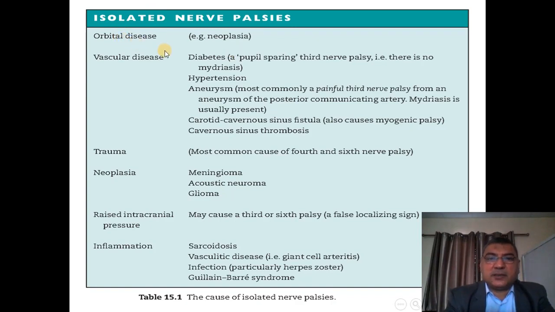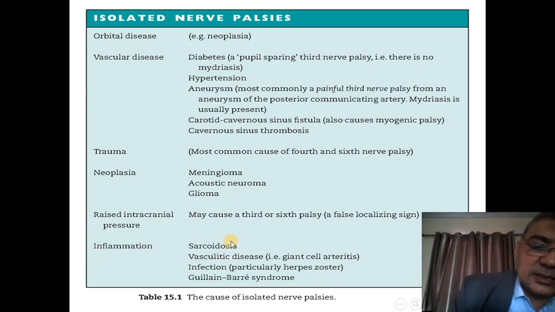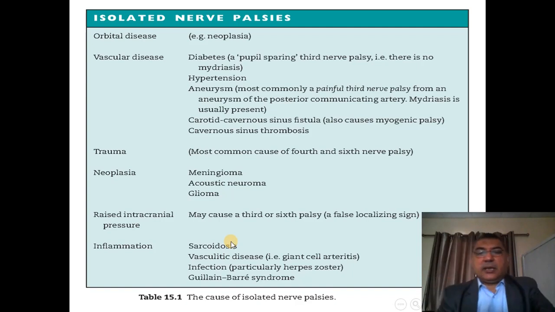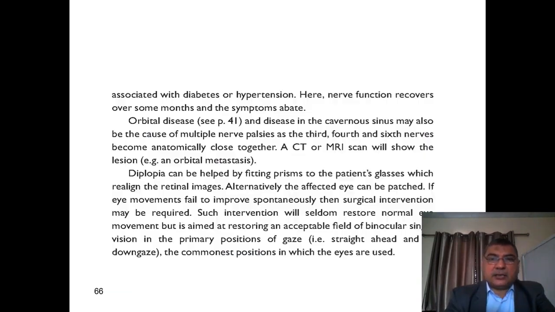The orbital causes, neoplasia, vascular causes, diabetes, the most famous, hypertension, aneurysm, carotid cavernous fistula, trauma, neoplasia, brain neoplasia, acoustic neuroma, glioma, meningioma, raised intracranial pressure may result in sixth nerve palsy, and inflammatory diseases may affect the blood vessels supplying the nerves, like sarcoidosis, vasculitis, giant cell arteritis, and so on. So we will investigate what is the cause of this paralysis.